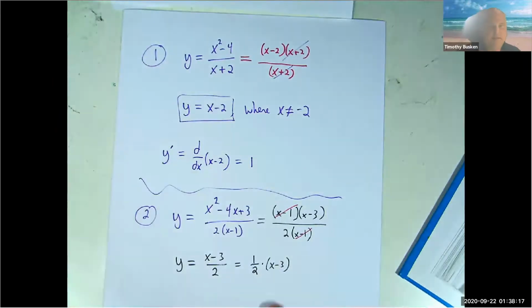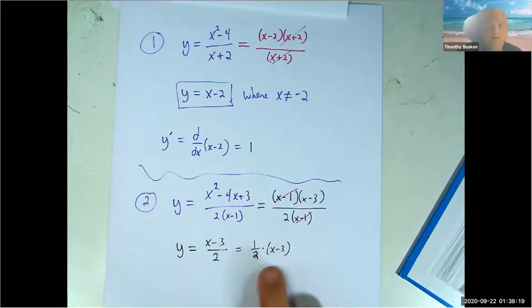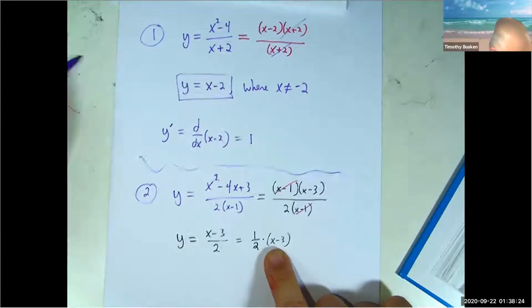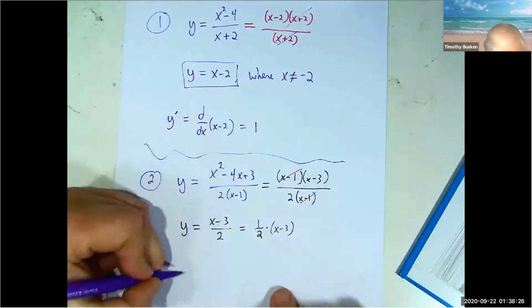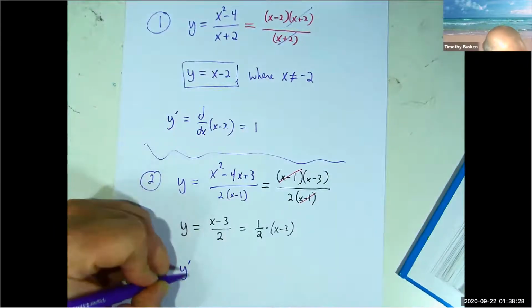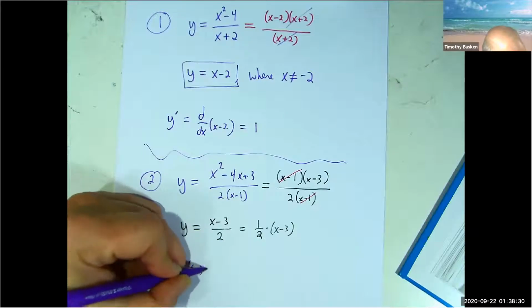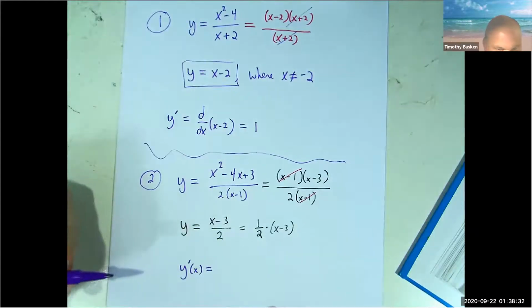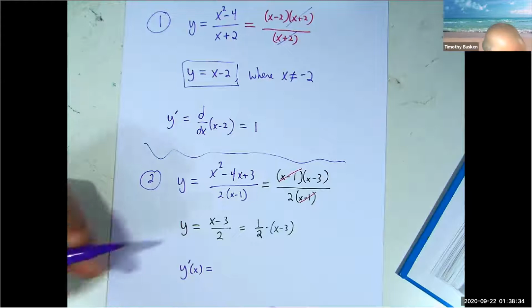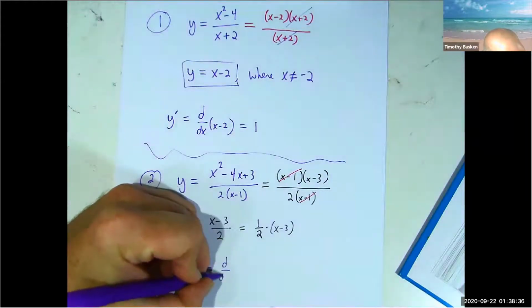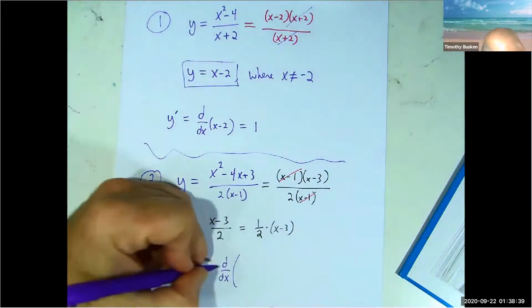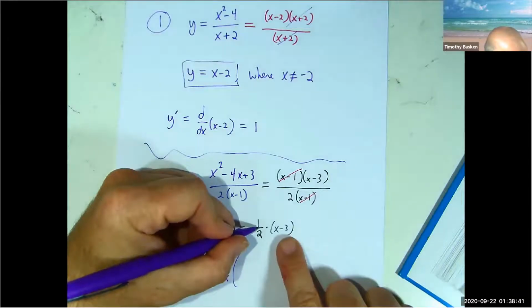So when it comes time to taking the derivative, well, we just have to take the derivative of this linear function here. So y prime, or y prime of x, if you want to call it that, makes no difference, y prime of x, dy dx. Okay, that's the derivative with respect to x of 1/2 times (x minus 3).